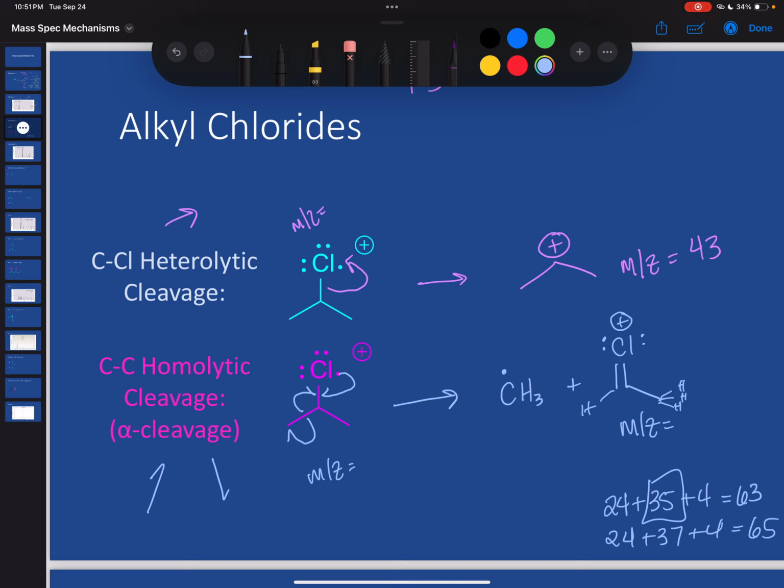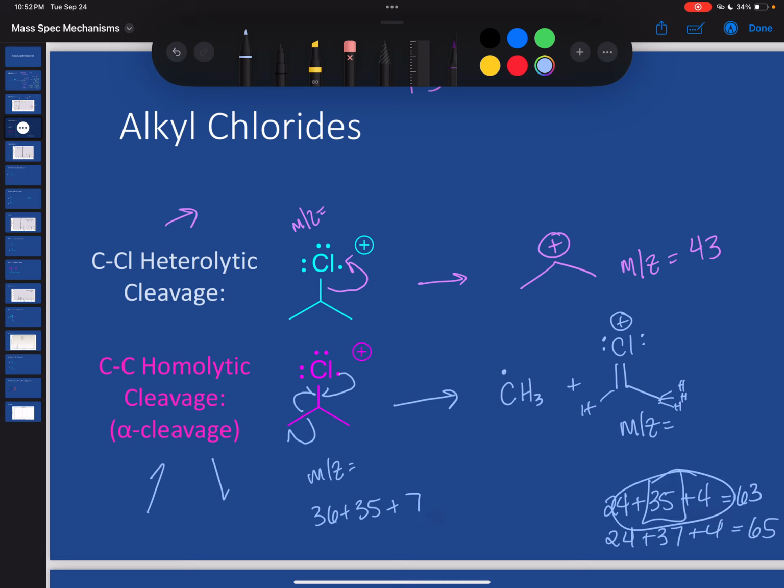Let's look at our molecular ion peak. So here I have 3 carbons, that would be 36. I have chlorine on here, and then I have 7 hydrogens. Just going to erase that. So plus my 7. Yes, because I was about to say, why was there not 7 here?